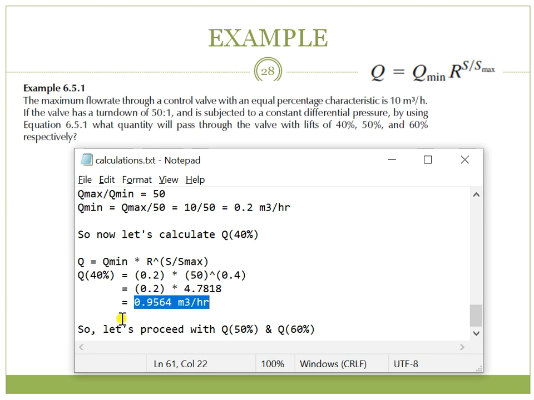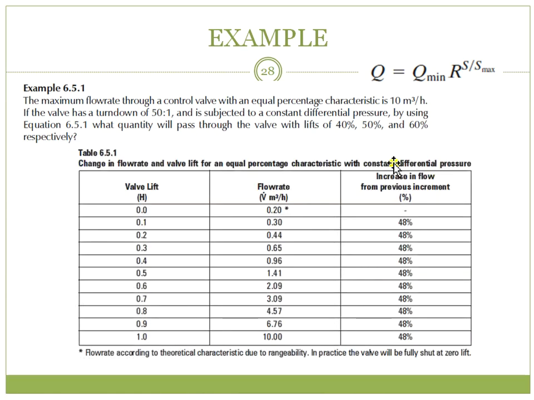Okay, so that's the answer. So you need to proceed with Q at 50% and Q at 60%. If you look at the table given in the slide, you can compare the value. See, 40% lift is equivalent to 0.96, rounded up to 2 decimal points.